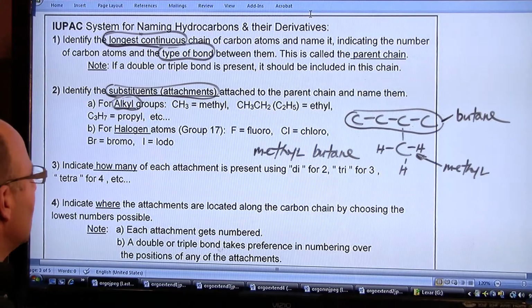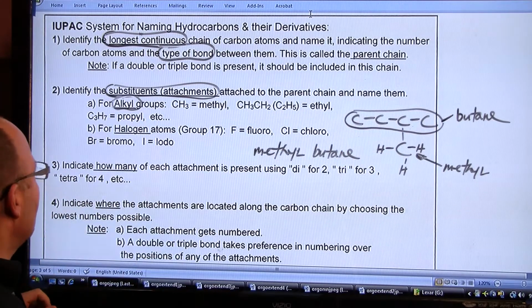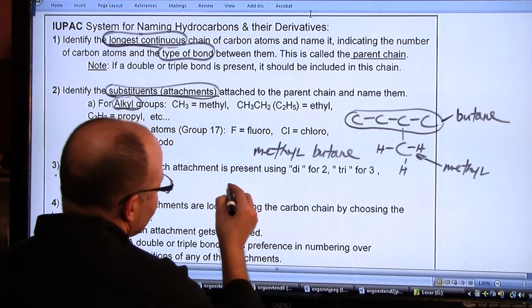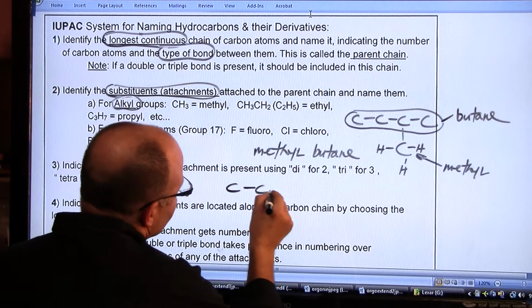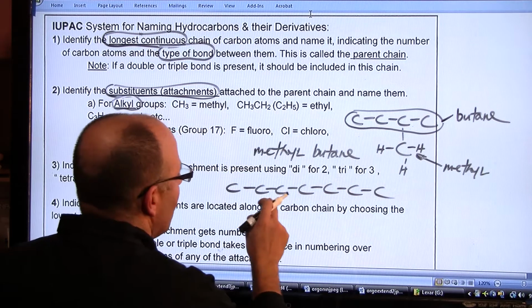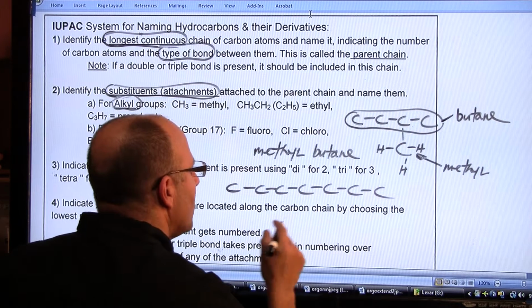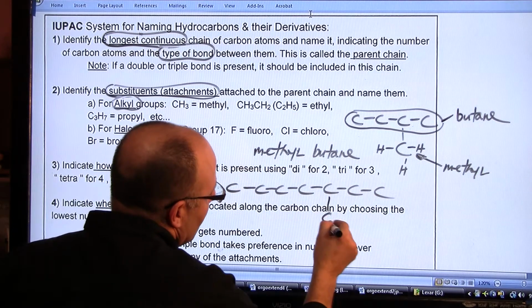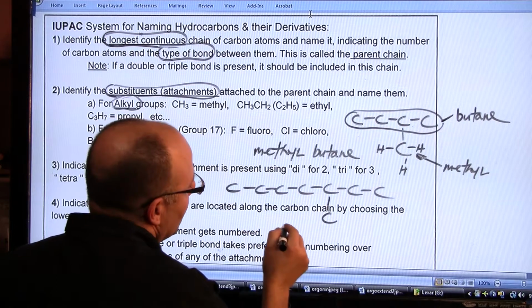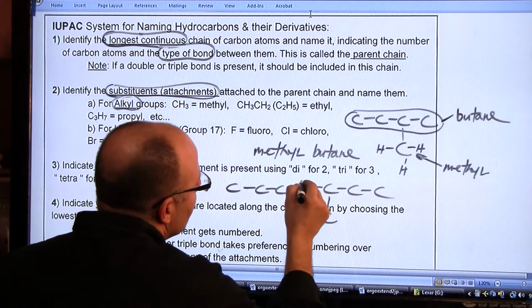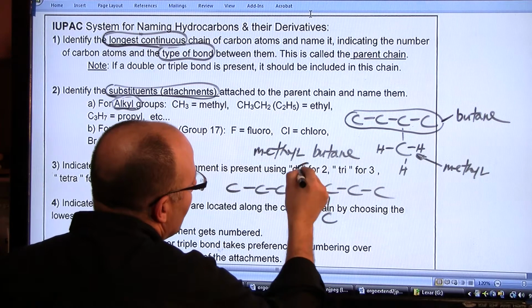Okay, now let's make up a larger molecule so we can apply rules 3 and 4. Let's put one up and one down.